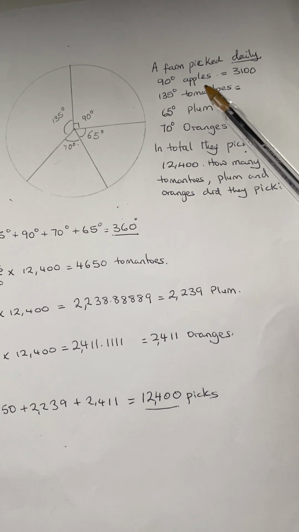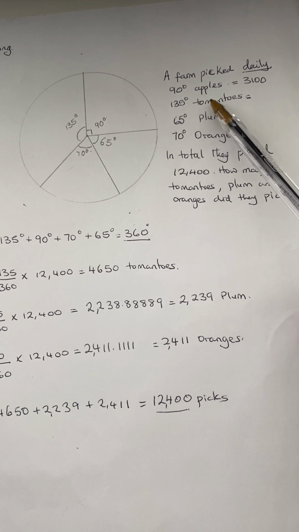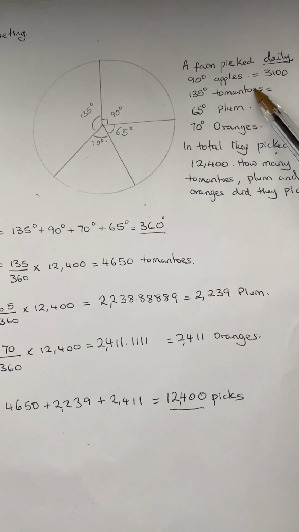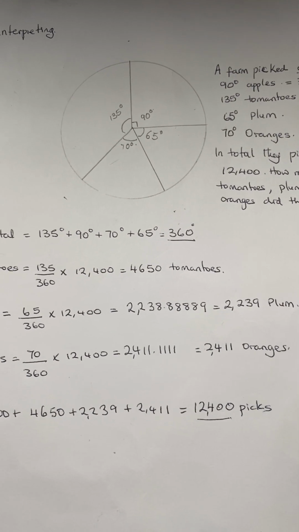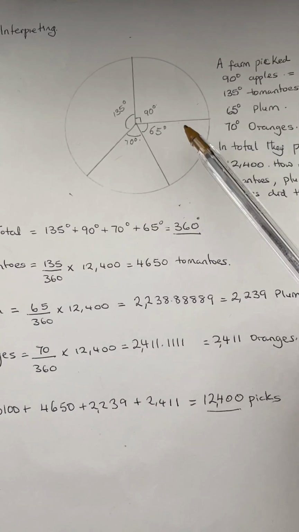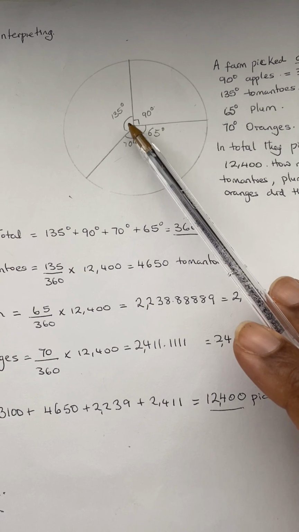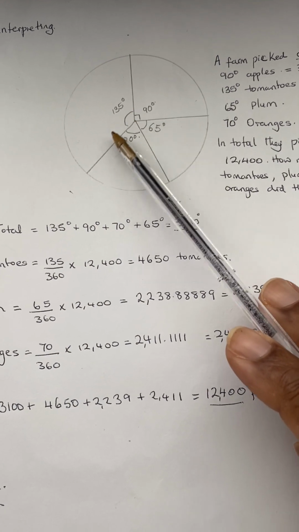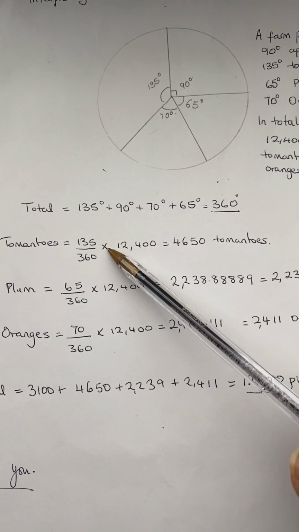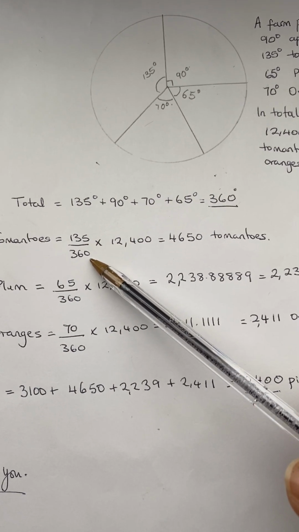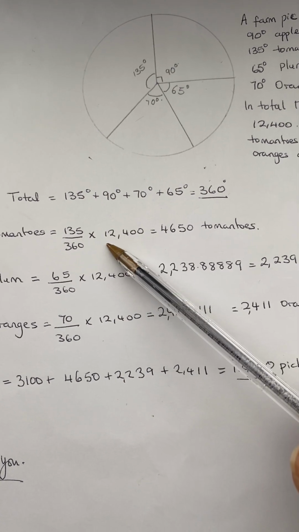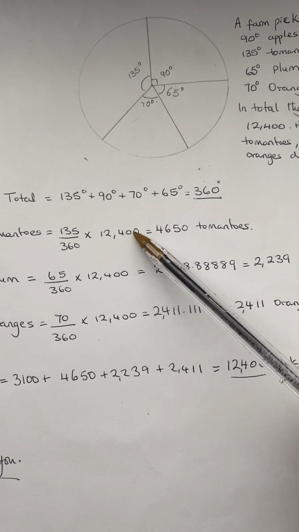We've been told how much the apples represent. So the apples represent 3,100. Okay. Now, the tomatoes, they said they had 135 degrees, and it's a larger portion. Okay. So tomatoes is 135 divided by 360 times 12,400.